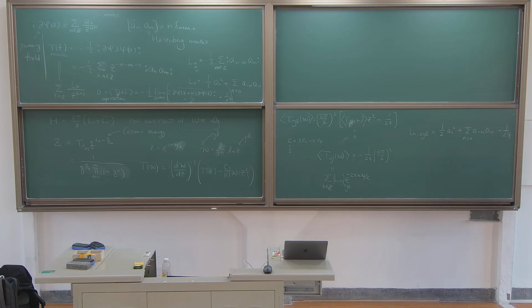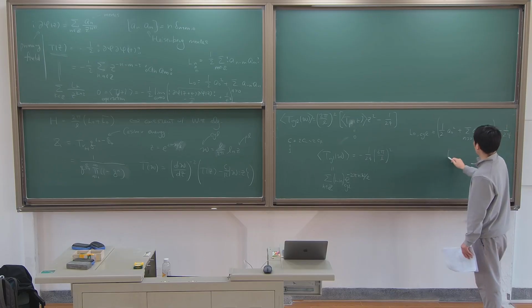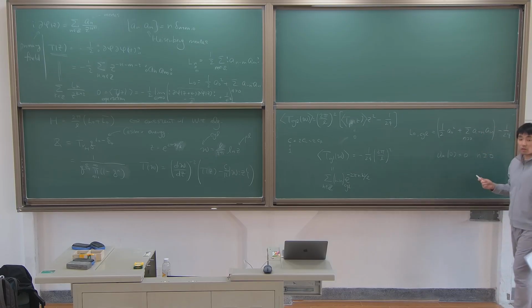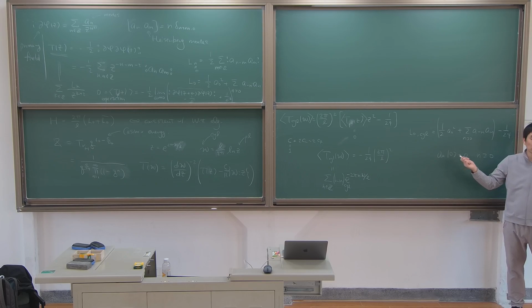Okay. So since we know that the vacuum, an on the vacuum is equal to 0 when n is greater than or equal to 0, non-negative, even a0 annihilates the vacuum.